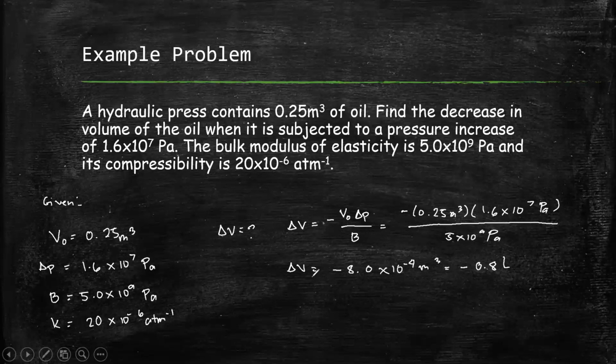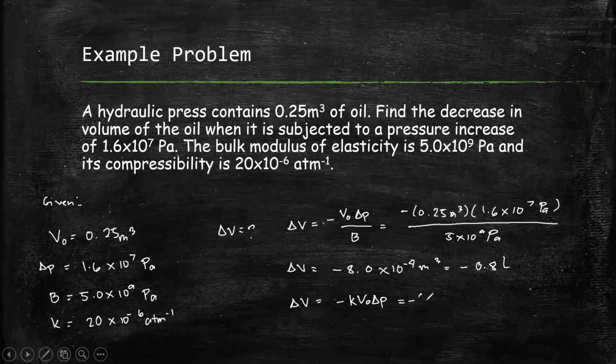How about if I want to use the value for compressibility, or the value of K, which is 20 times 10 raised to negative 6, the reciprocal atmospheric value? We can also use that, and simply multiply all the given values. The change in volume is equal to negative K, because 1 over B is equal to K, times the original volume times the change in pressure.